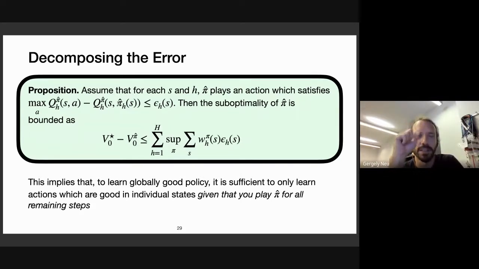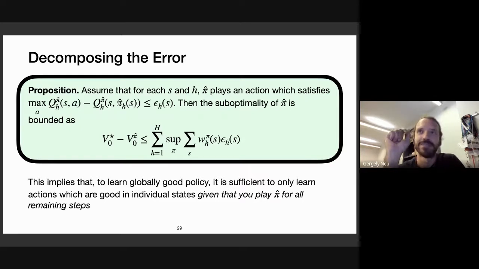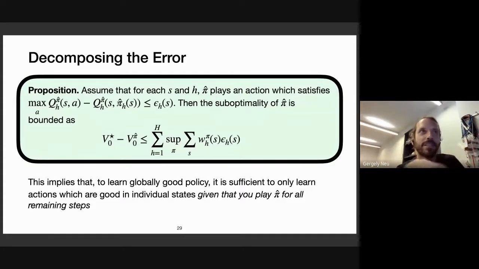That you would get W of pi star there. I think it's W of pi, if I recall. It's W of pi times the gap. Is it W of pi star in the performance difference lemma? Right, so you're comparing two policies, pi star and pi hat. Q belongs to pi hat, right? And W belongs to pi star. Well, you can do it both ways, actually, depending on how you choose the roles. And here you're replacing pi star with this other policy that picks the maximum of Q pi hat.